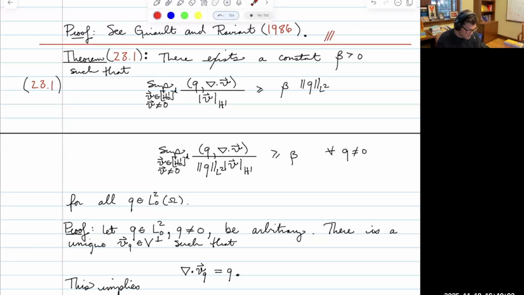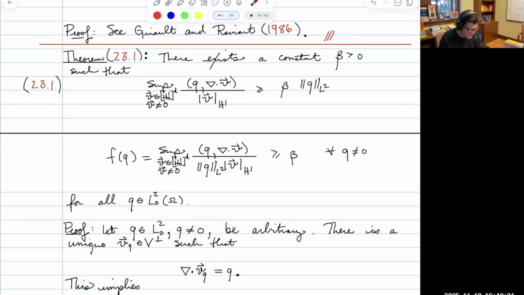So what do we know about this? Well, for all quotients like this, actually all numbers like this, we have a lower bound, a beta. Anytime you put in this Q, this guy over here only depends on Q. We can kind of think of it as a function of Q, as long as Q is not equal to 0, and it is always bigger than beta.